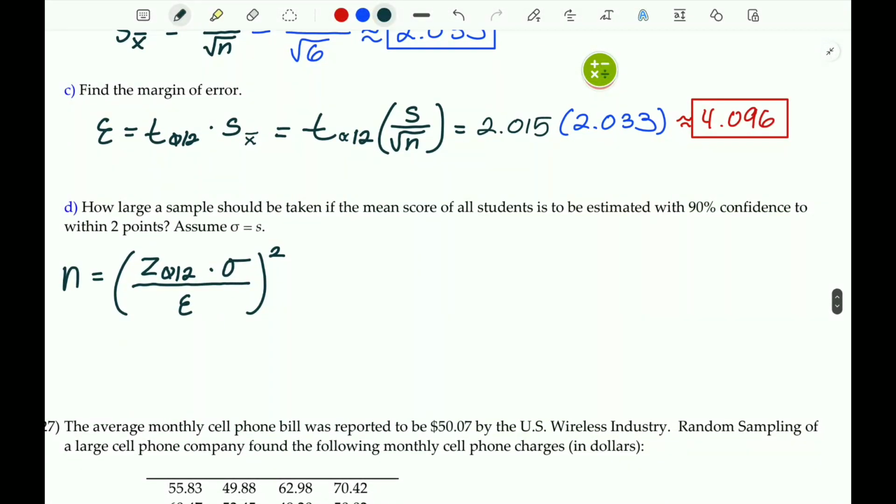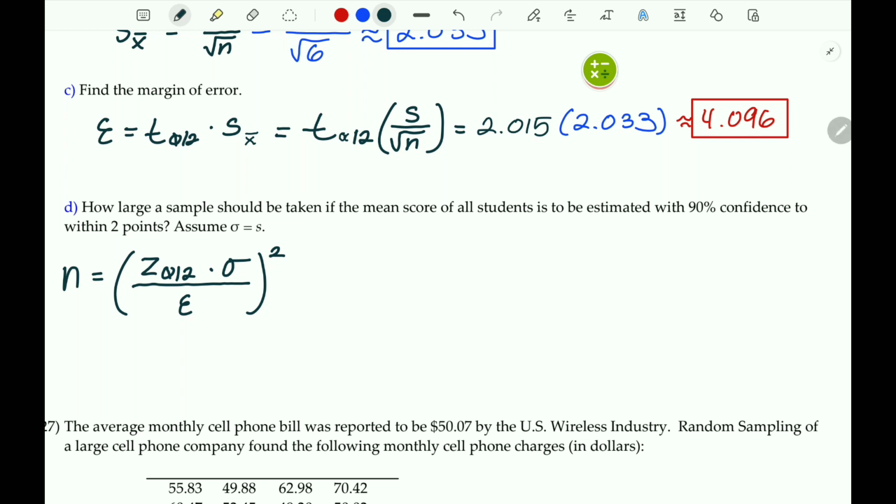D. How large a sample should be taken if the mean score for all students is to be estimated with 90% confidence to within 2 points. Assume that sigma equals S. Because it says assume that the population standard deviation is equal to the sample standard deviation.